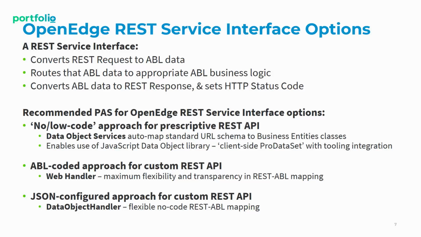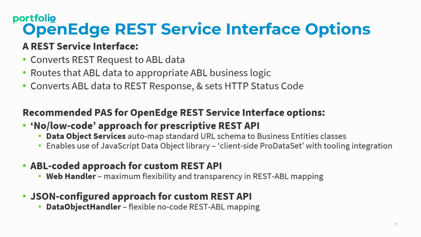We have another approach which is essentially a pre-built web handler that we've created that will read its mapping from the REST to ABL world from a JSON configuration file, and that's called the data object handler. That's a good approach if you want a non-ABL person to be able to craft some of these REST APIs. If you're very constrained on the ABL resources front, data object handler is an option.